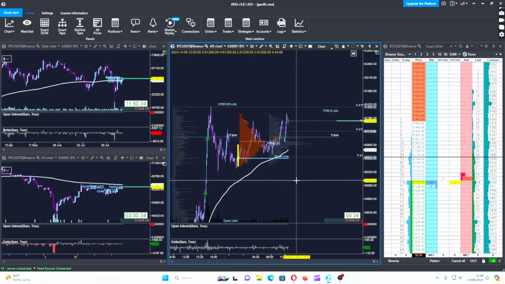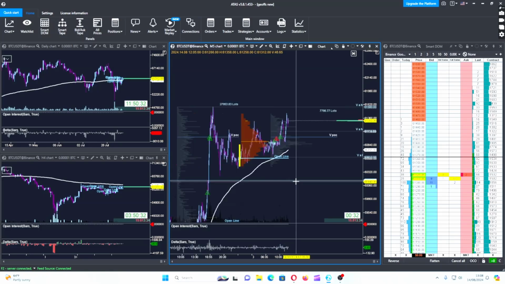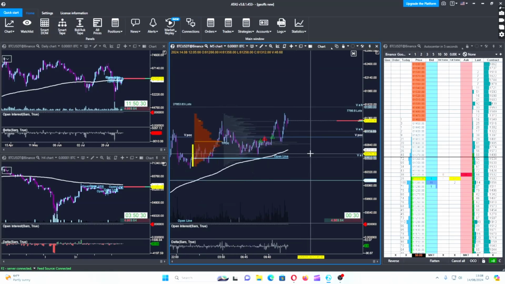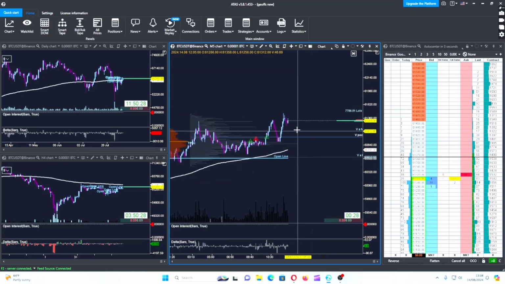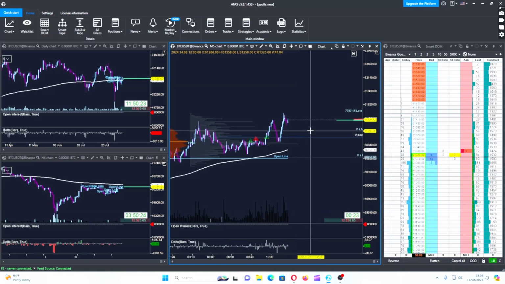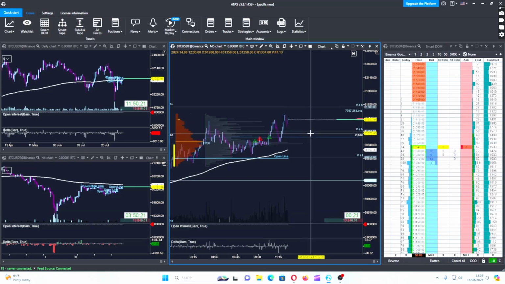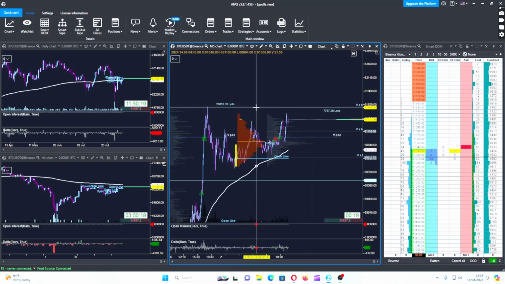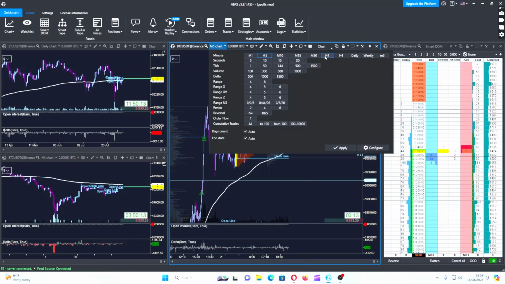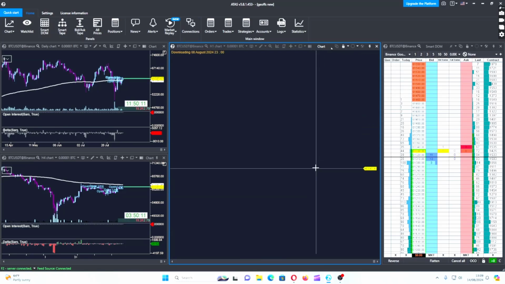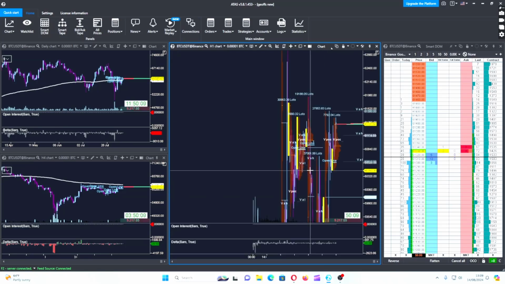So at the minute, we are trading above the value area high. If we can hold the value area high at around 61k, I do see us taking out the liquidity at around, let's go into the hourly for a minute so I can get a better overview of it.